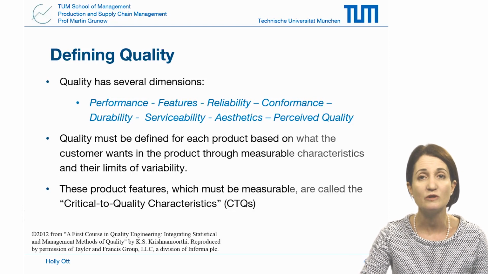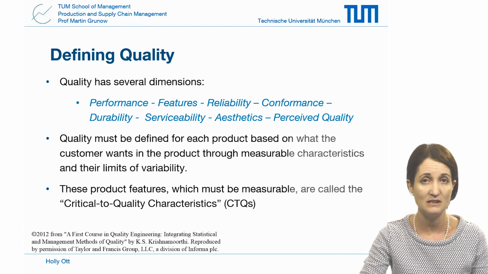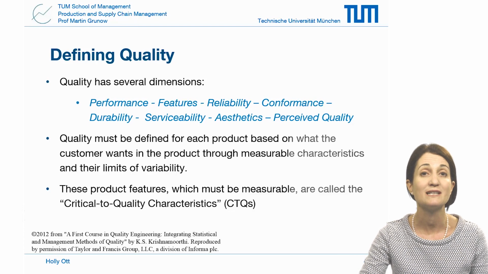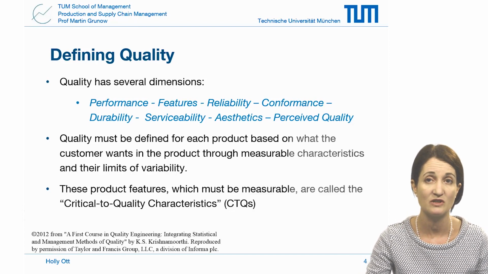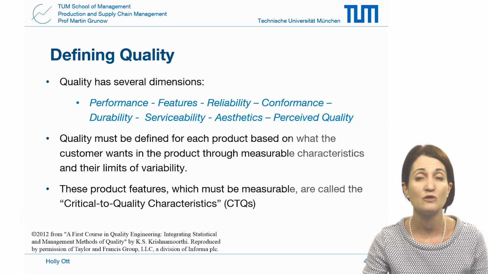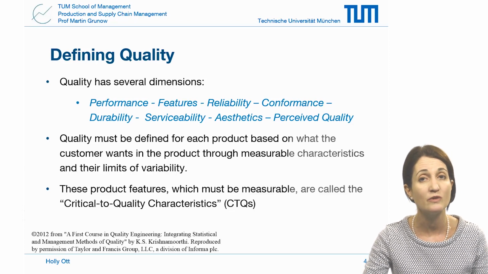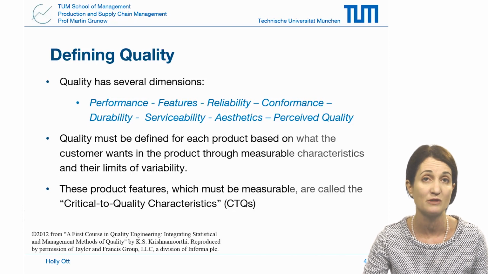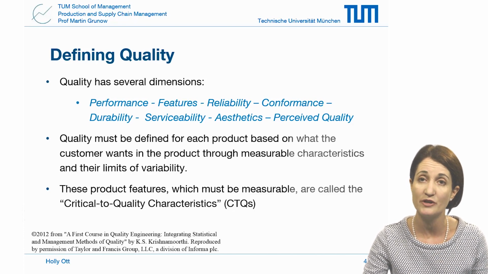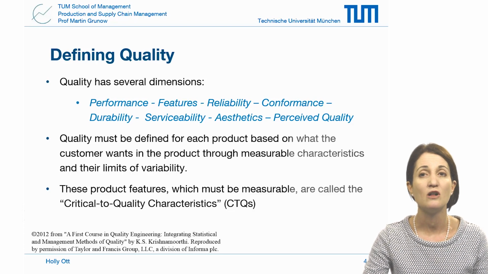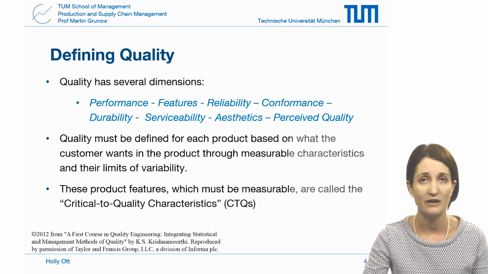The product designer will take these needs and expectations, select features of the product, and create a design. Then the targets and the limits of variation for these features will be selected so that the product can be produced at a reasonable cost while meeting the customer needs. These product features, which must be measurable, we call critical to quality characteristics.